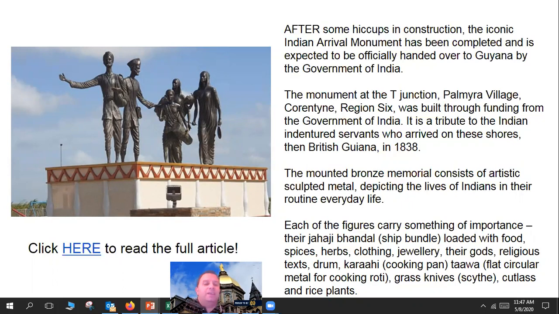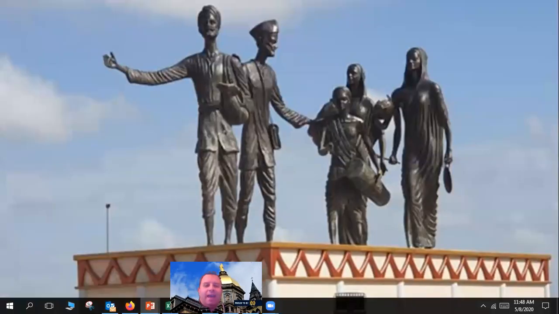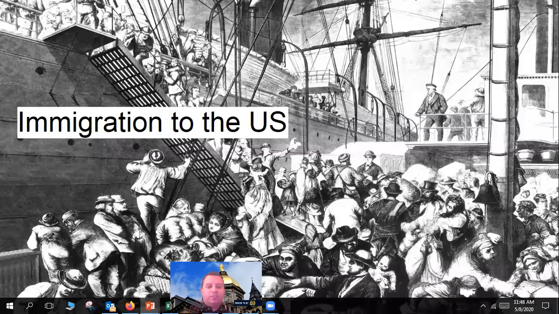You know, the fact that the Indians were very much welcome there. Okay, and so this statue, which still very much exists today, is there as a symbol of the welcoming and the friendship between India and Guyana. Okay, and so you can see we've got these native-born Indians here arriving in the country of Guyana for the first time.